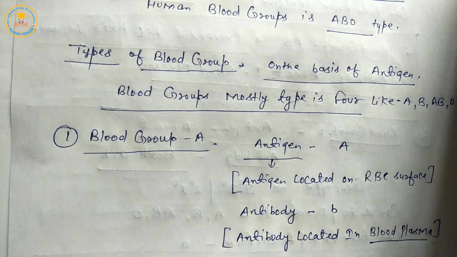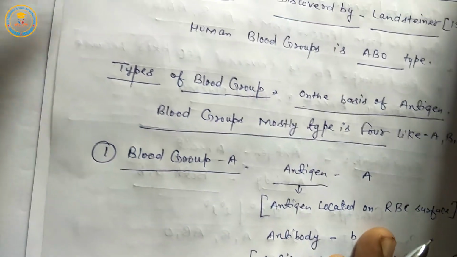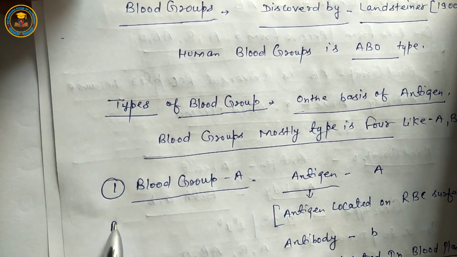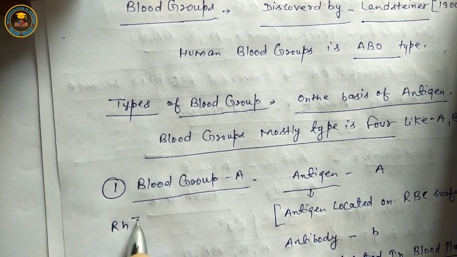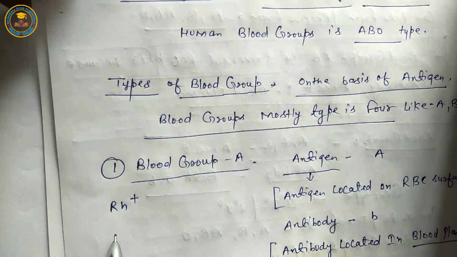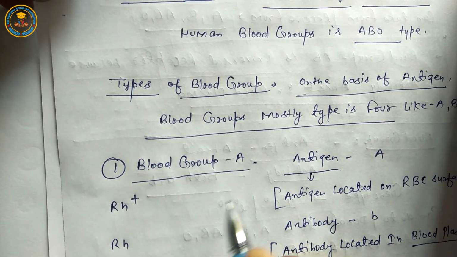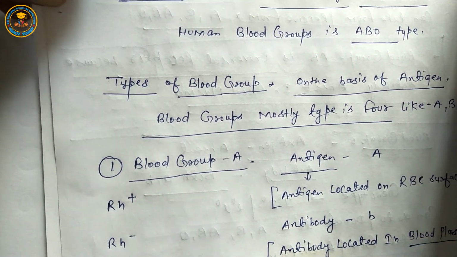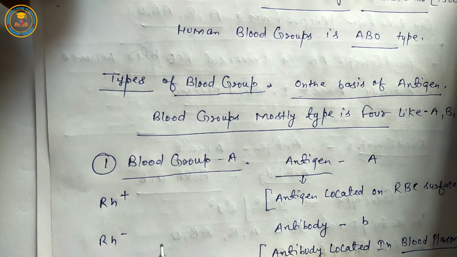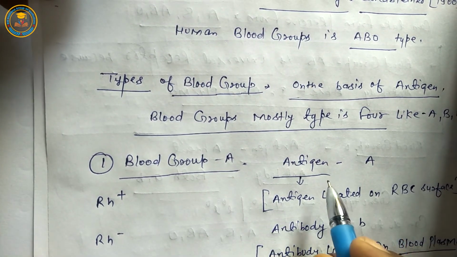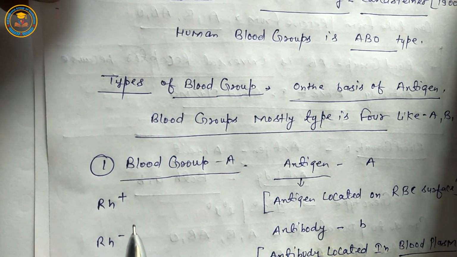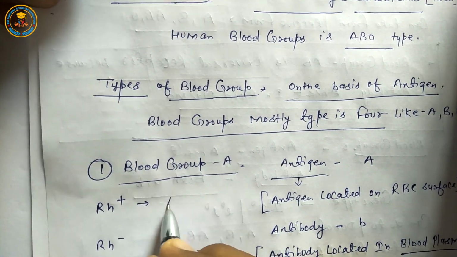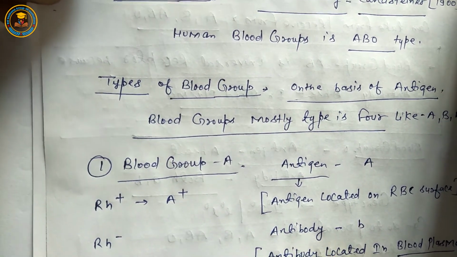If blood group A people have antigen A and RH, both antigen A and RH antigen, it is called A positive.